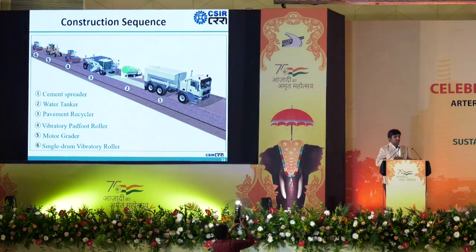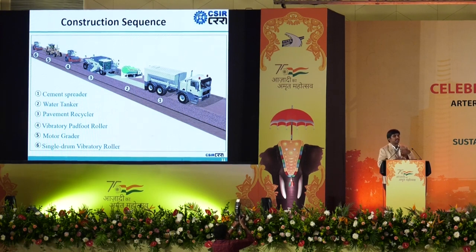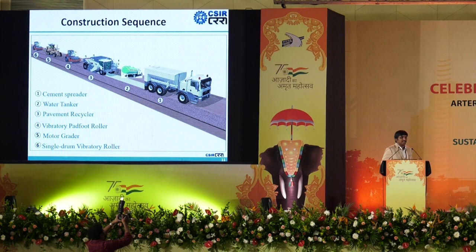So it is going to mix existing material, and if required any fresh aggregates, cement, water, and after that followed by compaction. So this is the sequence of construction. The main advantage is the same material you can reuse. Almost 85 to 90% of the material you can reuse.